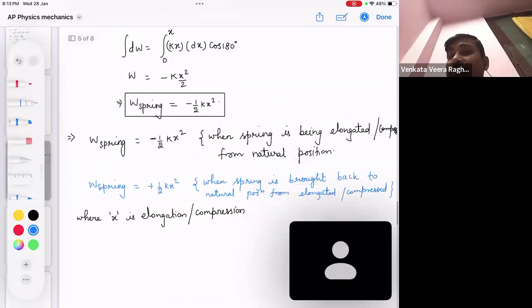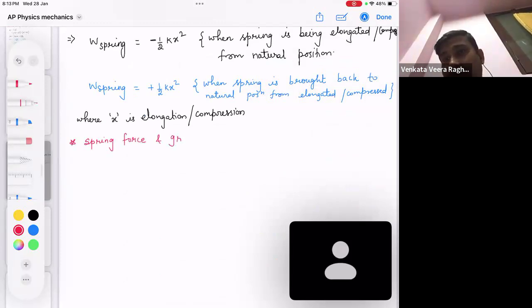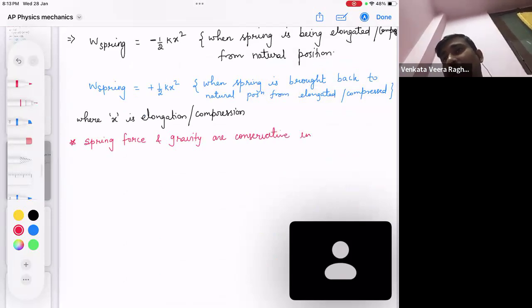Understood? So these two, spring force and gravity force, are conservative in nature.